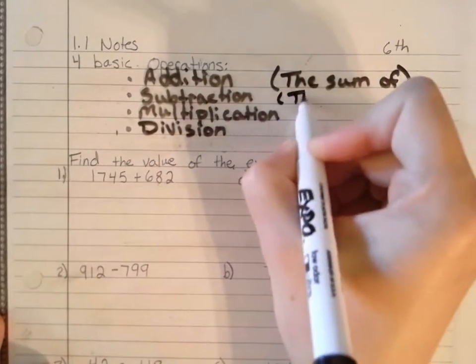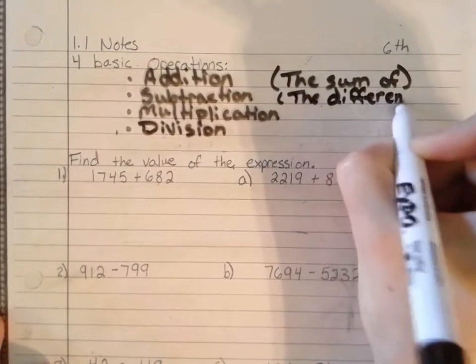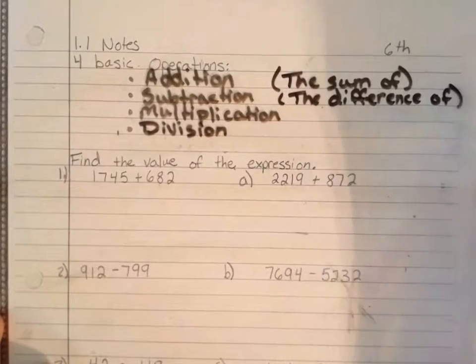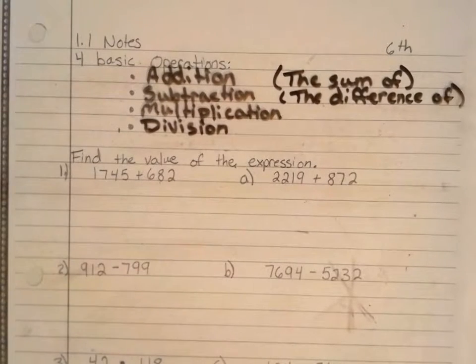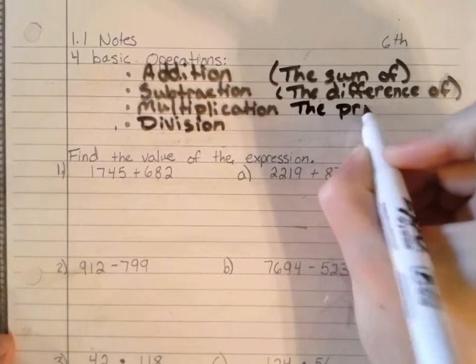Subtraction is the difference of. So when you hear difference, think subtraction. And I will use these words a lot, especially difference. So when you hear difference, think subtraction. Multiplication is the product of.